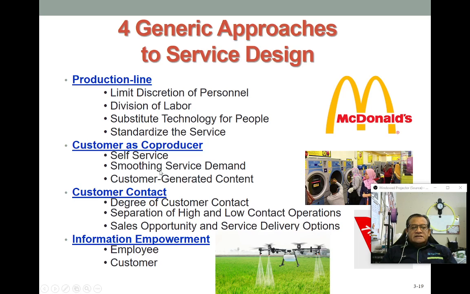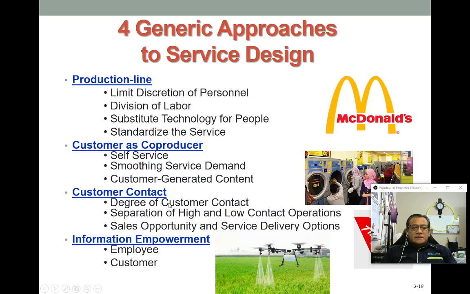In this service, the service provider needs to smooth the service demand, matching the customers wanting to use the laundry machines, in terms of the number of machines available and also with respect to time, whether on the weekends or on the weekdays.